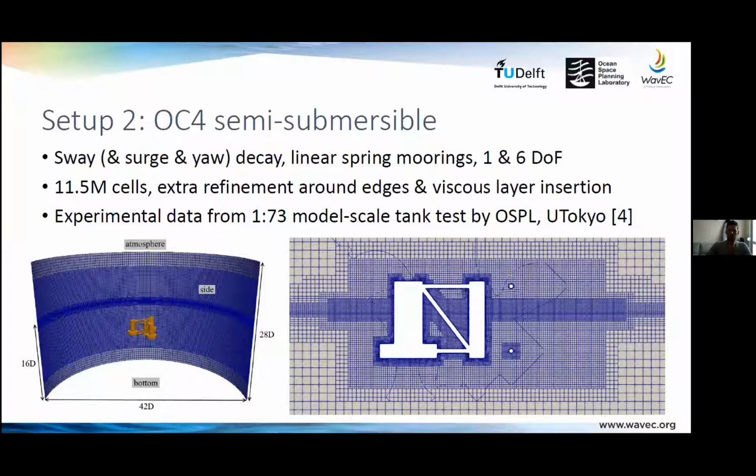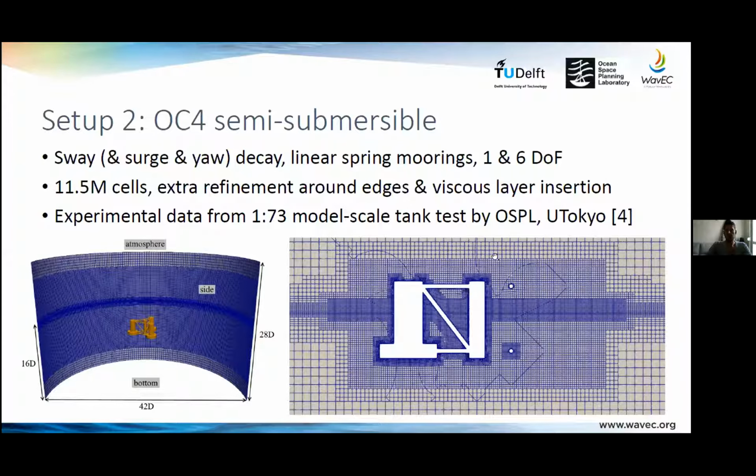But our idea for the meshing was a bit the same as for the cylinder, insofar that for the background resolution, we applied the same refinement that seemed to work fine for the cylinder, only that here, due to the complex structure, we refined a lot around the edges of the platform, and also included a viscous layer for the viscous effects.